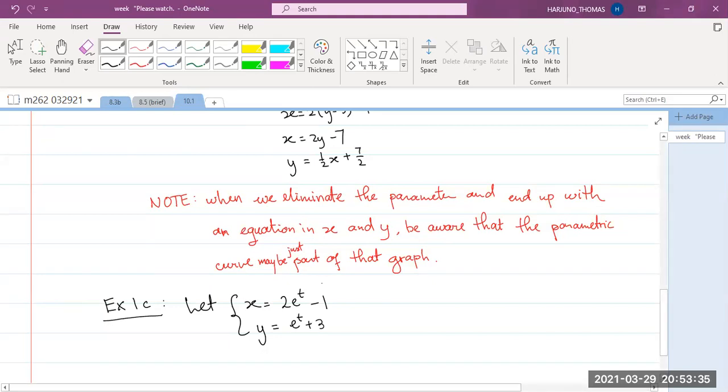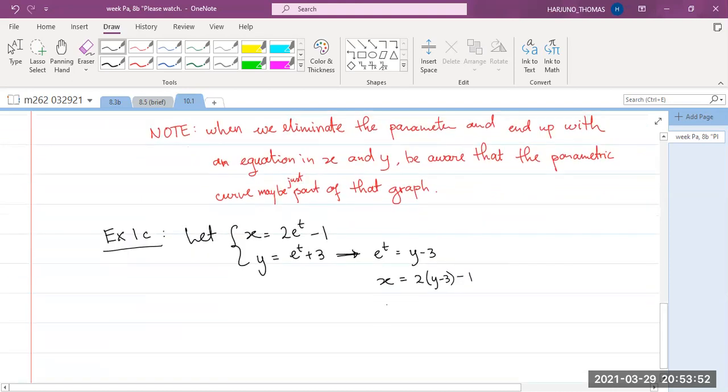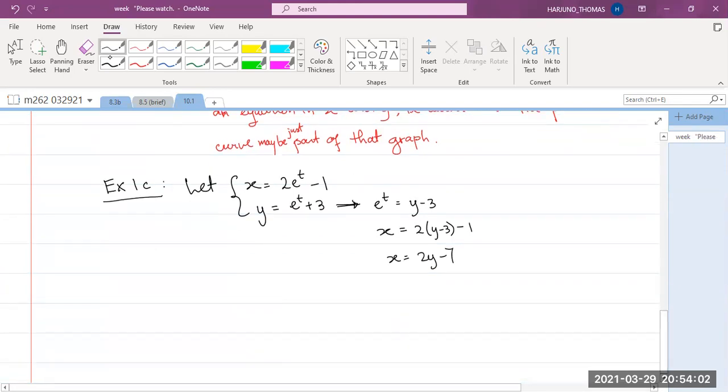Now, if we solve for e to the t, e to the t equals y minus 3, and you substitute that into x, that's 2 times (y minus 3) minus 1, you get x equals 2y minus 7, right? Okay. Now, the graph of x equals 2y minus 7 looks like what we had earlier.